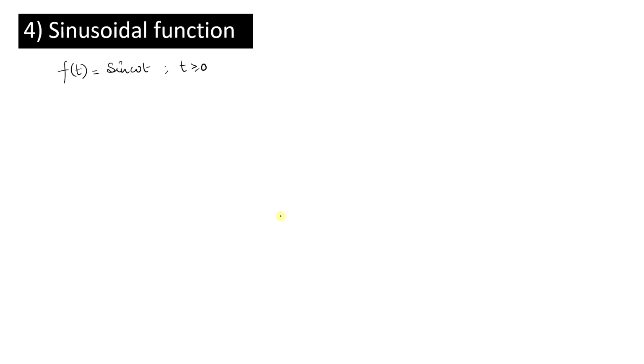So what we will do is represent this sine omega t in terms of Euler's equation. We have Euler's equation as sine x equal to e power jx minus e power minus jx divided by 2j.